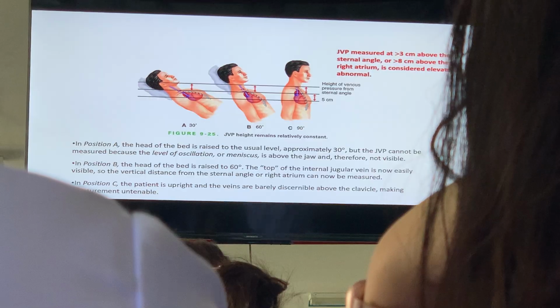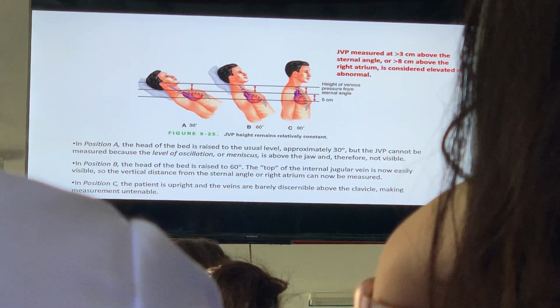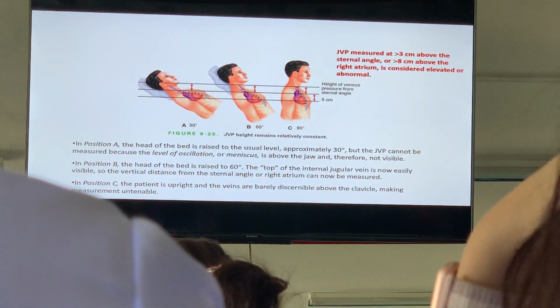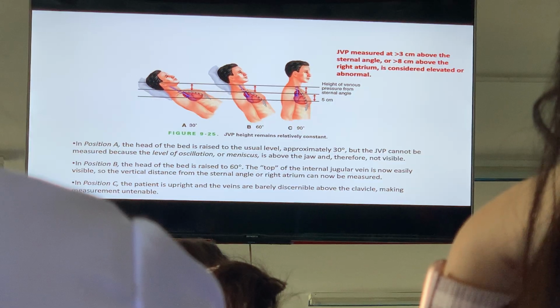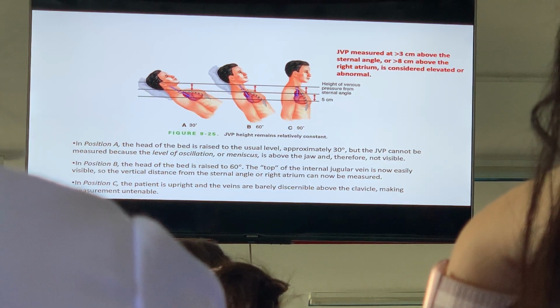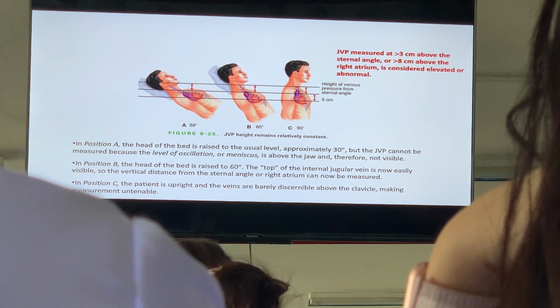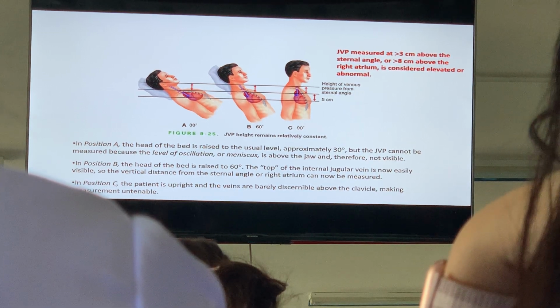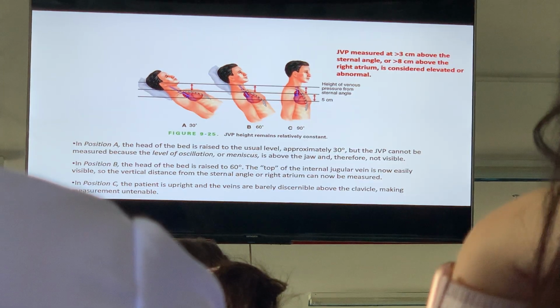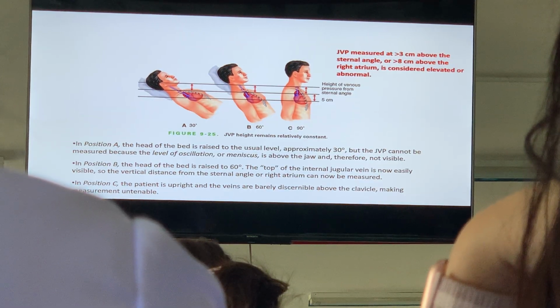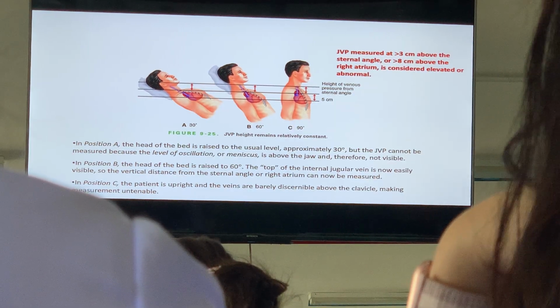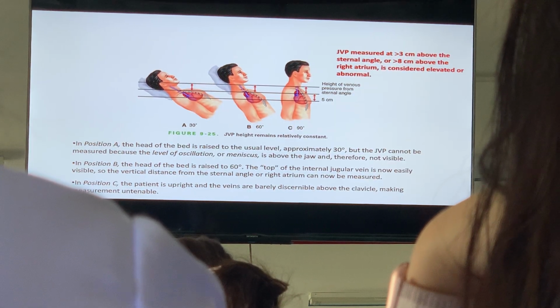I think this is lifted from Wait's. As you can see in position A, the head of the bed is lower, at a 30-degree angle, so you cannot properly see the pulsations of your jugular venous pressure. At a 60-degree angle of the head of the bed, the internal jugular vein can now be easily visible, so the distance from the sternal angle or the right atrium can now be measured.